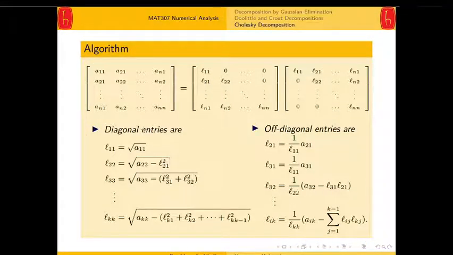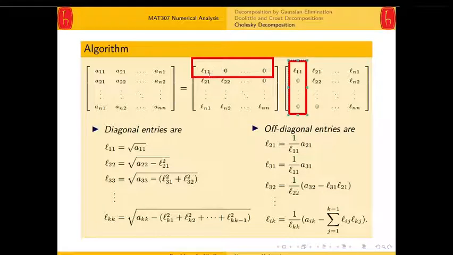Diagonal entries can be found by, for example, if you consider the first row with the first column and multiply them out, you will see L11 squared is equal to A11. So this will give us L11 is equal to the square root of A11, and of course this will be positive.